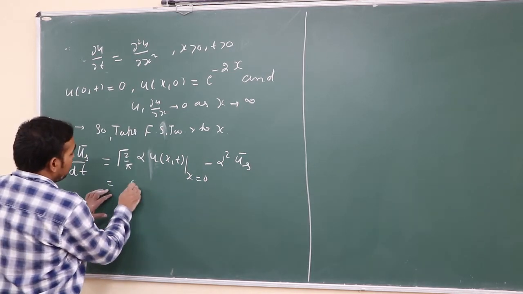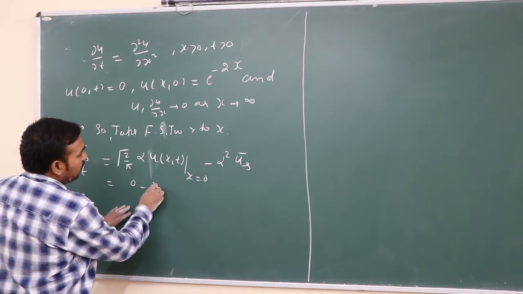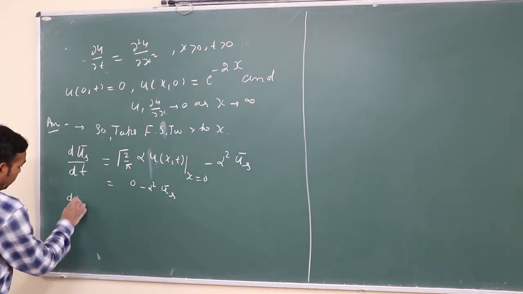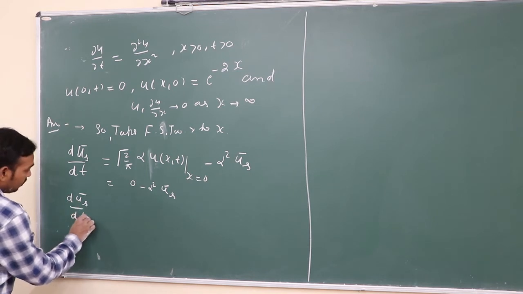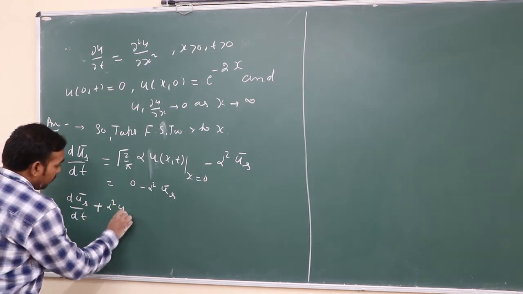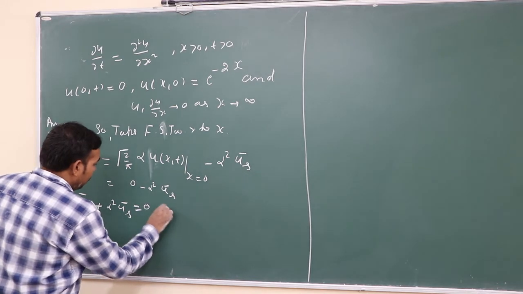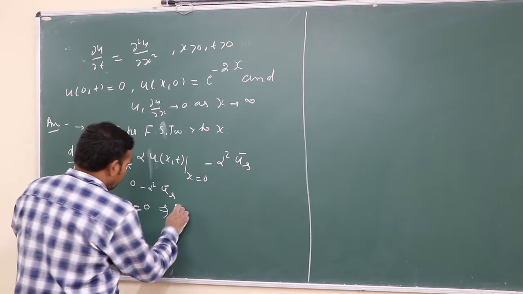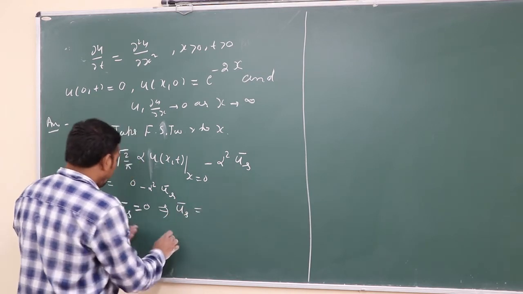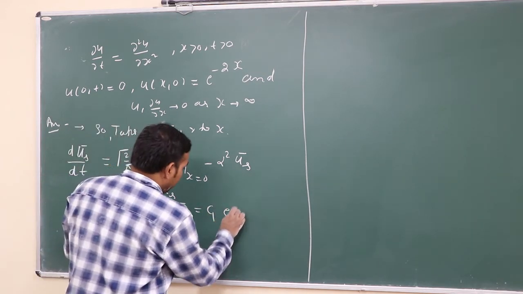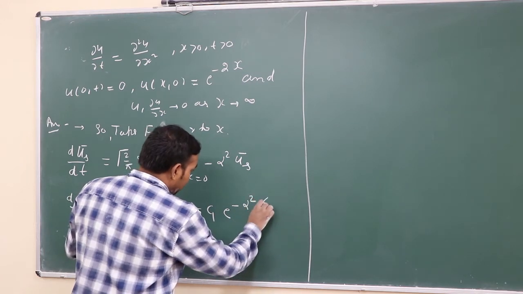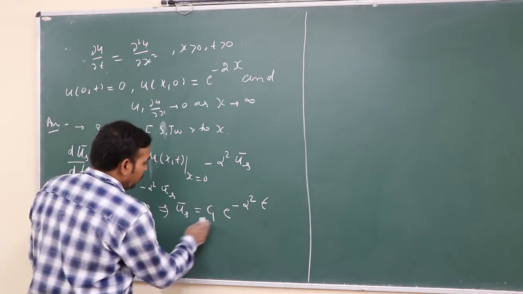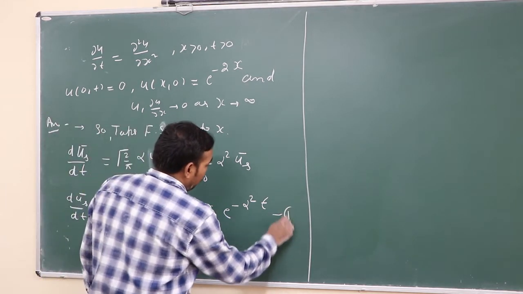Here this is 0 minus alpha square u_s bar. So du_s bar/dt plus alpha square u_s bar equals 0. This is a differential equation with constant coefficient, so its solution is c1 e to the power minus alpha square t. Say this is 1.